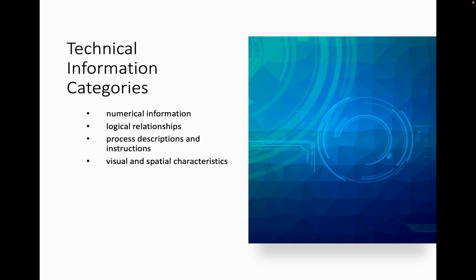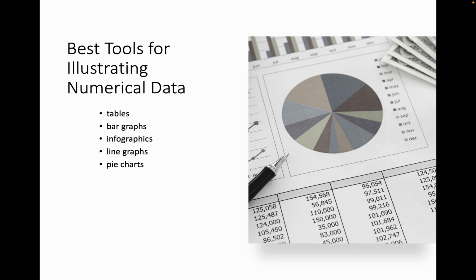So let's talk about some technical information categories that you might want to turn into a graphic. Numerical information, logical relationships. Maybe you're going to use graphics to describe process descriptions and instructions, or maybe even visual or spatial characteristics.